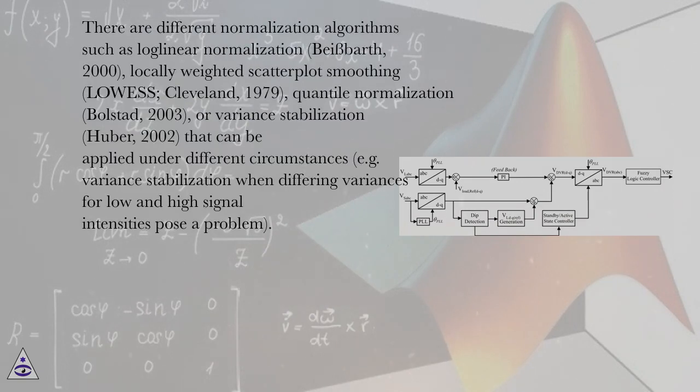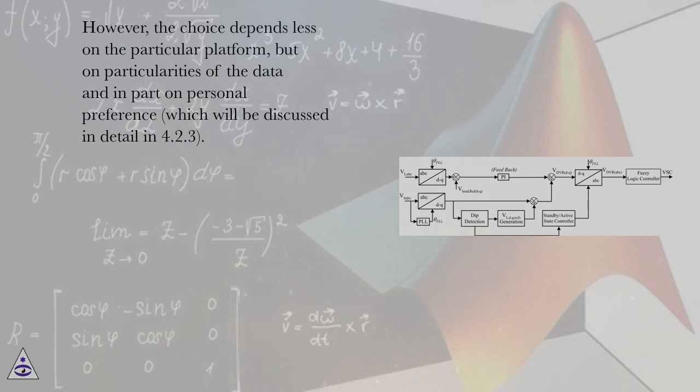There are different normalization algorithms such as log linear normalization, Bayes-Bart, 2000, locally weighted scatterplot smoothing, Lowess, Cleveland, 1979, quantile normalization, Bolstad, 2003, or variance stabilization, Huber, 2002, that can be applied under different circumstances, for example variance stabilization when differing variances for low and high signal intensities pose a problem. However, the choice depends less on the particular platform, but on particularities of the data and in part on personal preference, which will be discussed in detail in 4.2.3.